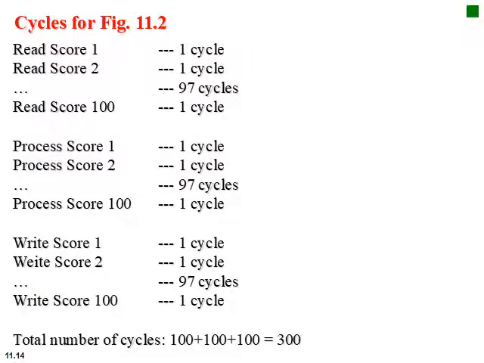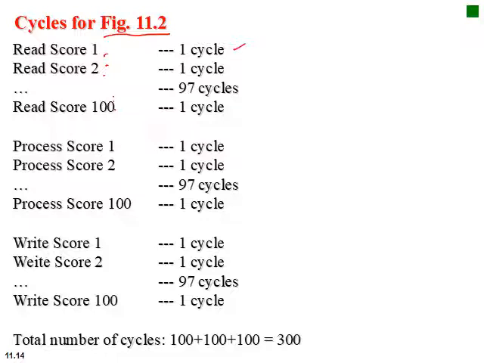But now, let us quickly see how many cycles we will need again if we look at figure 11.2. So 11.2, remember, is where we have 100 different variables, score 1 up to score 100. And basically, if we have to read all of them, then reading the first score is a cycle.